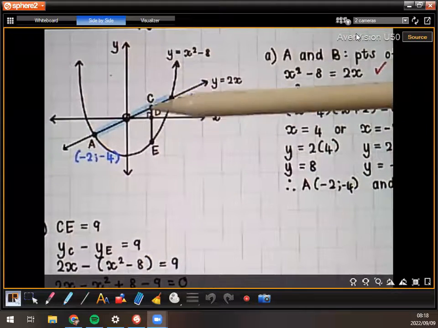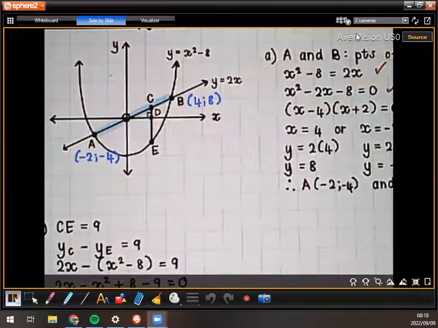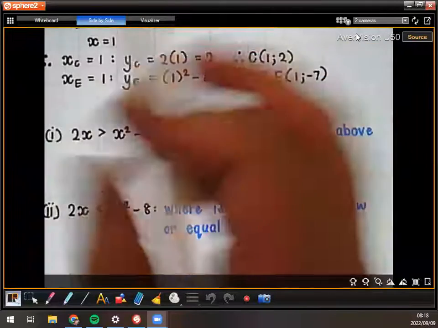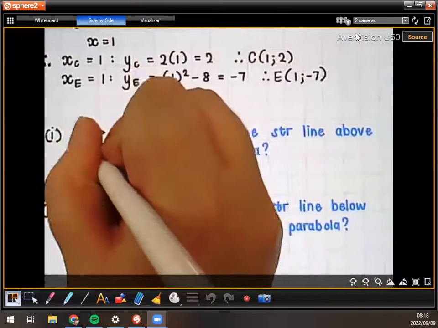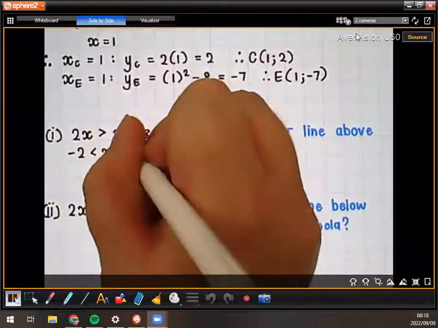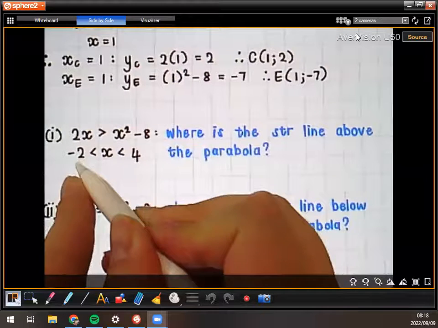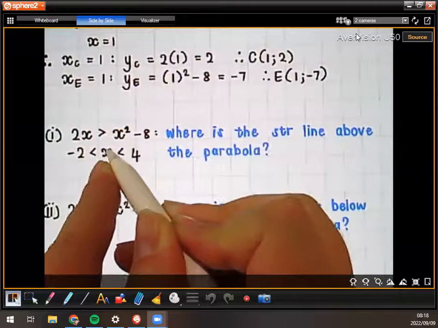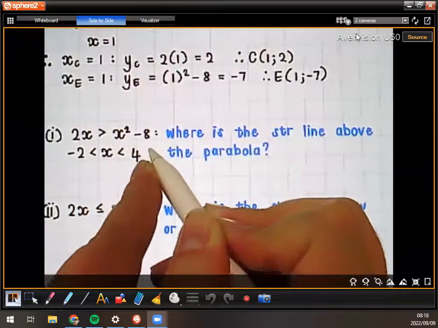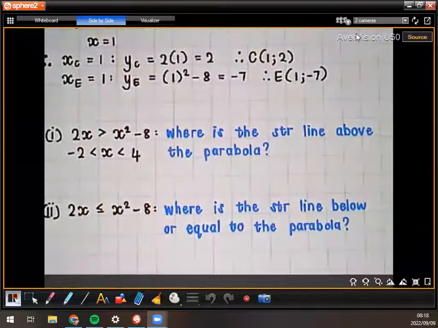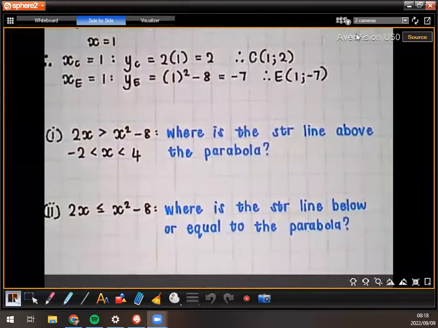So we're going to say that x is between -2 and 4, and we're going to write it like this: -2, then x, then 4. Remember, if you read it from the inside out, this is saying x is greater than -2, but at the same time, it is also smaller than 4.